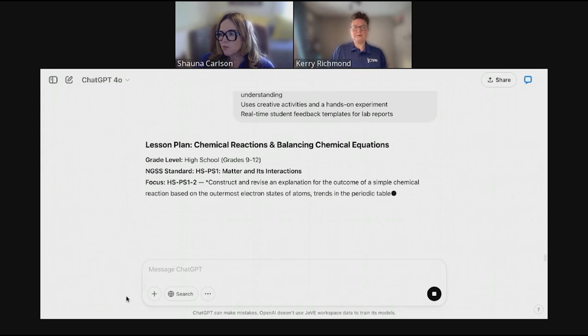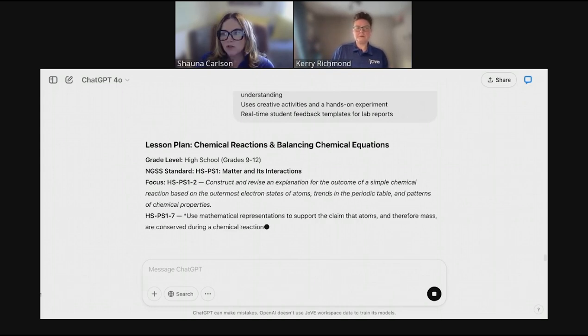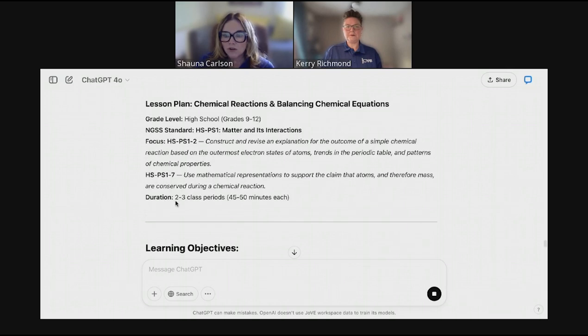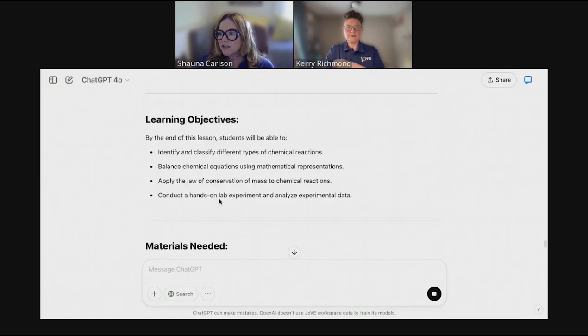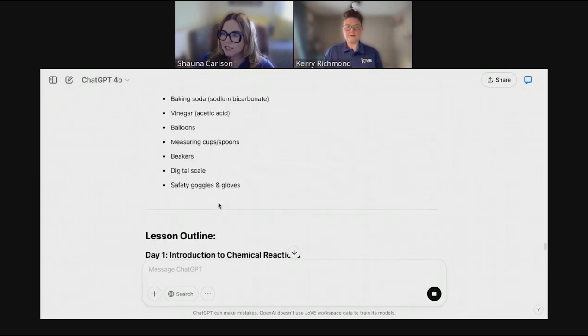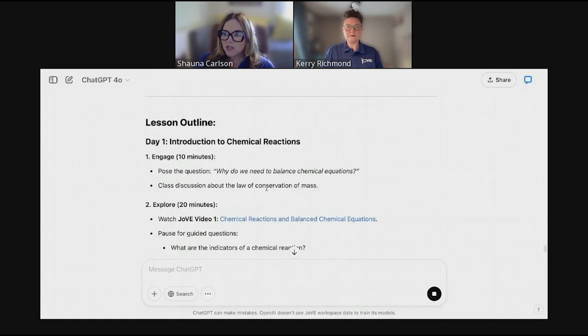Again, depending on the length of your course or your lesson, I would use that as another point of refinement as well. So you'll see here it's suggesting 2 to 3 class periods of 45 to 50 minutes each, what the objectives are. It's going to give you a list of materials you'll need and the outline along with how much time you'll need for each area.